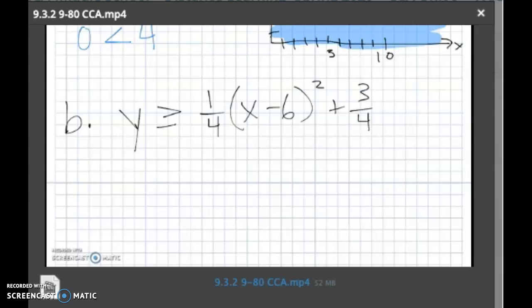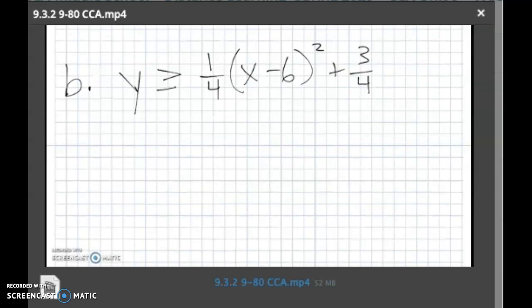When I look at this inequality, I notice that it is in vertex form, so I know right away what my vertex is. I need to make a sketch of this inequality, and to do that I need to figure out those important points: the vertex, the y-intercept, and the x-intercepts.